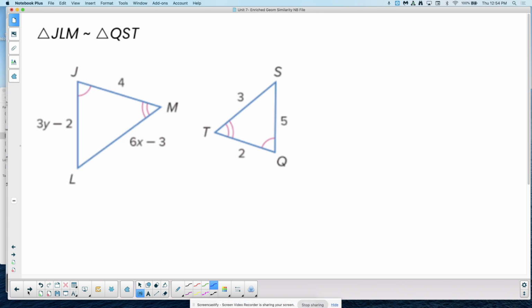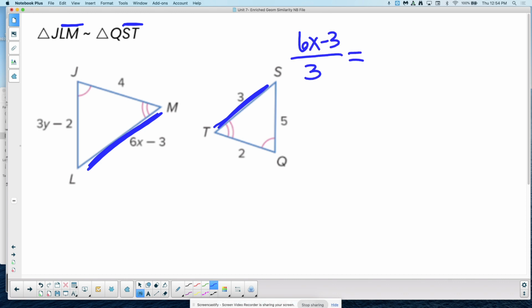So same thing here. We have two similar polygons, two similar triangles, I should say, and we're looking for x and y. I'm going to start by finding x, so I'm looking here. LM matches ST. So I'm going to put 6x minus 3 over 3.